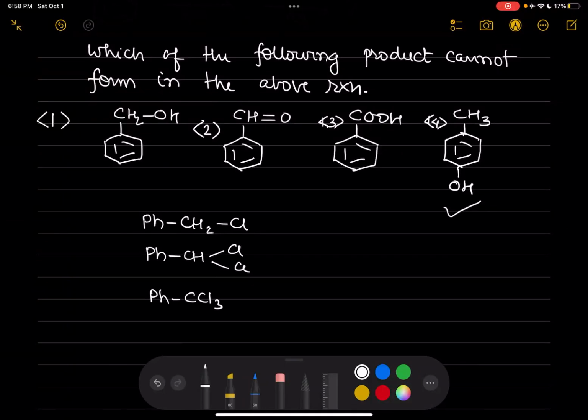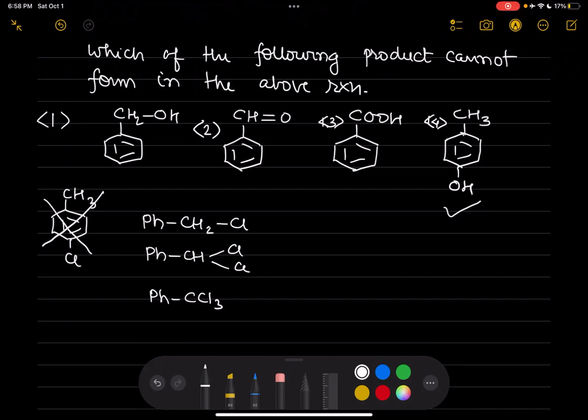But it could not be this one. Right, Memuna? This cannot form, because this would have formed if you had taken Cl2 and FeCl3. So this will not form under any condition.